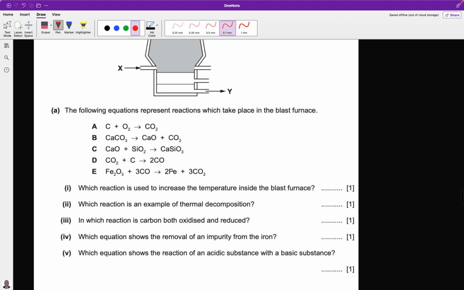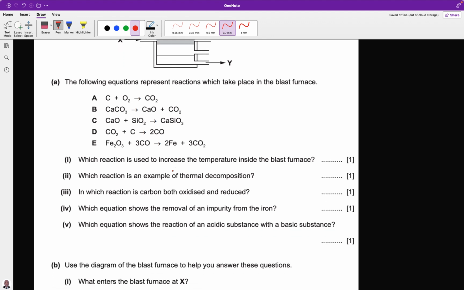The questions are now: 1. Which reaction is used to increase the temperature inside the blast furnace?